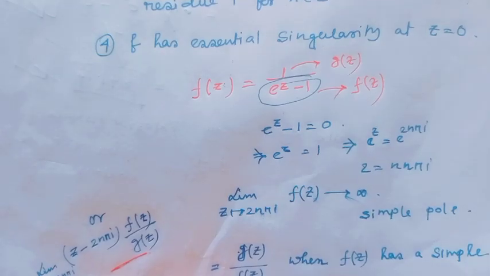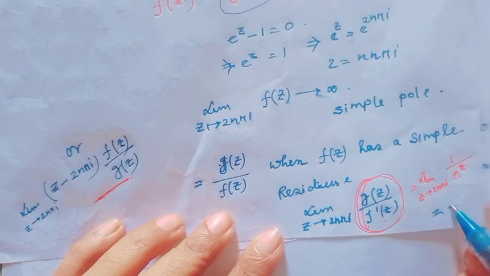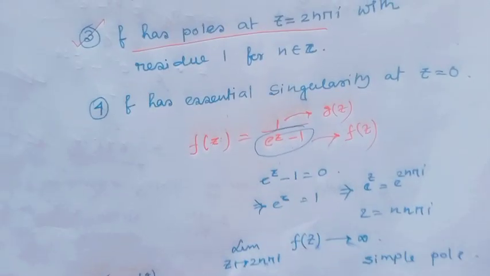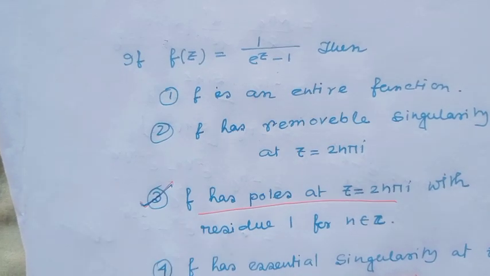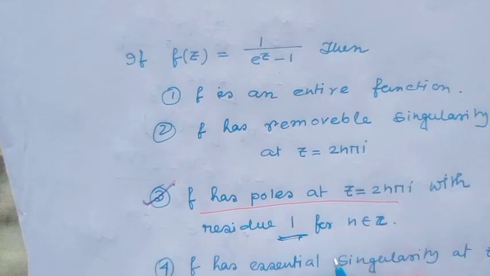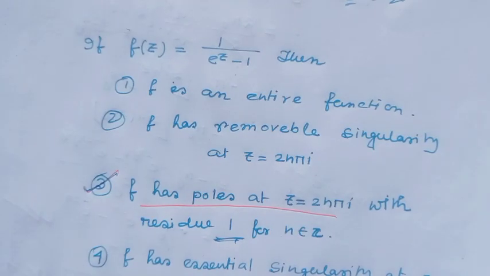The limit as z tends to 2nπi, this value is equal to 1. So this value is 1. So option 3 is the right option: f has a pole at the point z equal to 2nπi with residue 1. Okay. I hope all my viewers have understood.